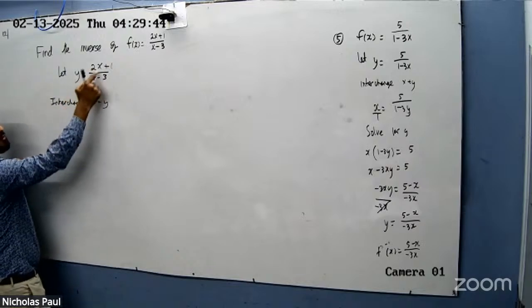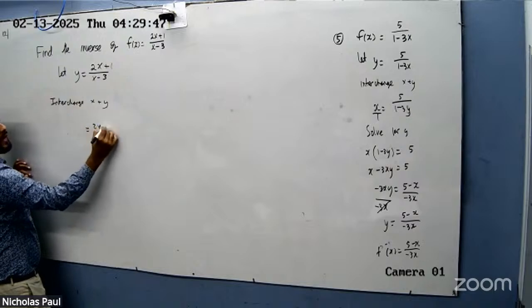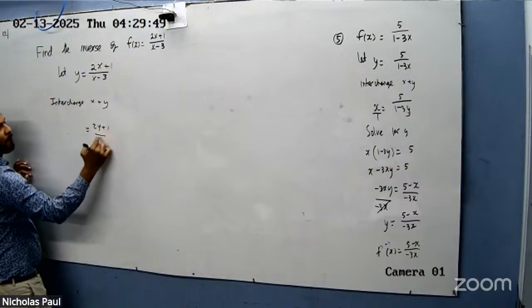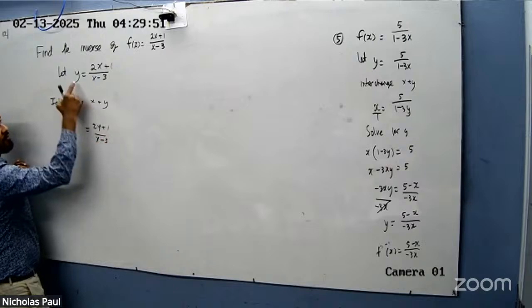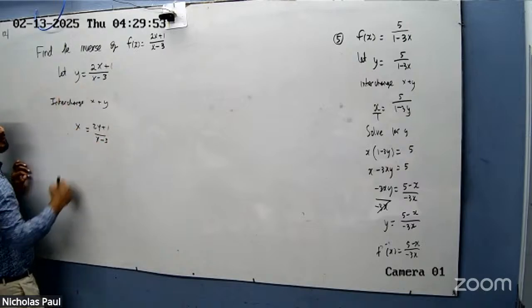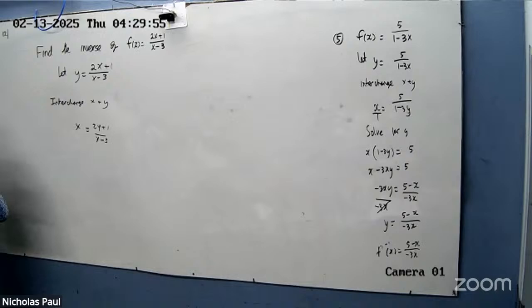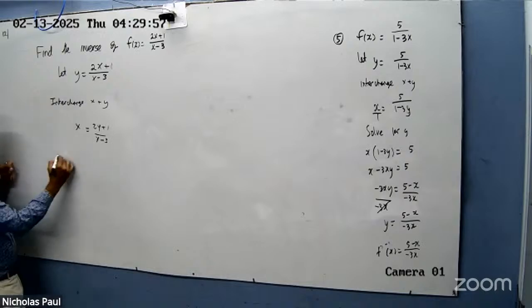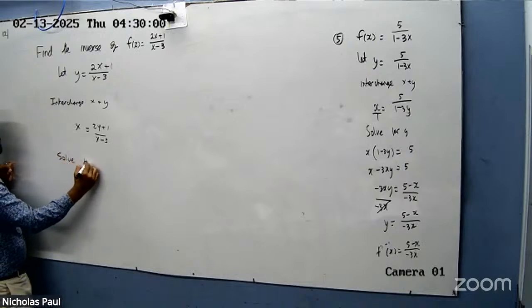So wherever I have x's, that will now be y's, and wherever I have y, that will be x. Now you want to solve for y.